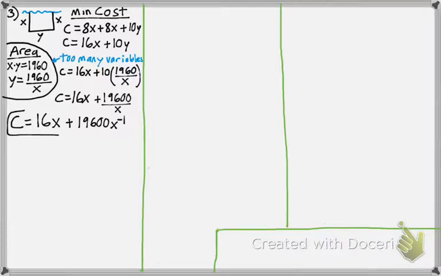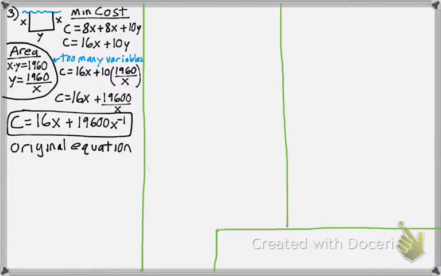And this is what I'm going to call my original equation. We've done a lot of work to get this equation, but we haven't done anything with derivatives or critical numbers or anything like that. So this is our C. This is the equation that we're going to be dealing with.